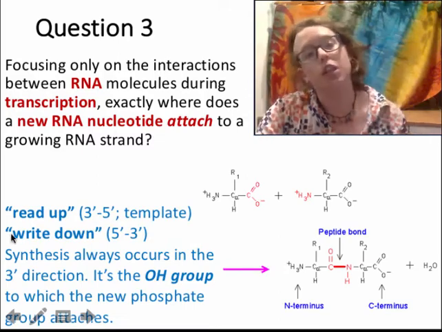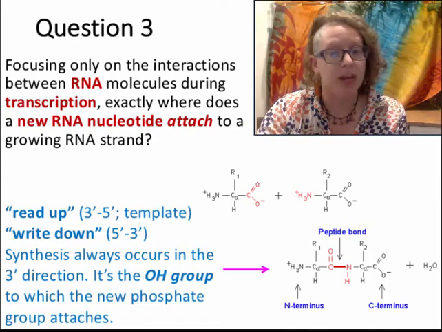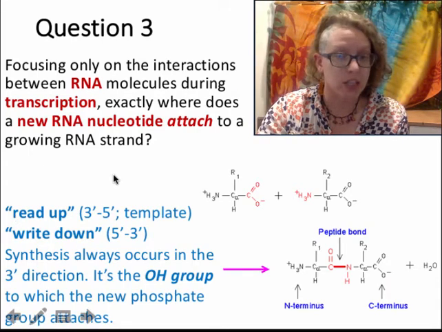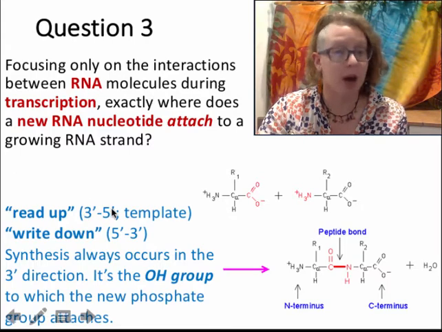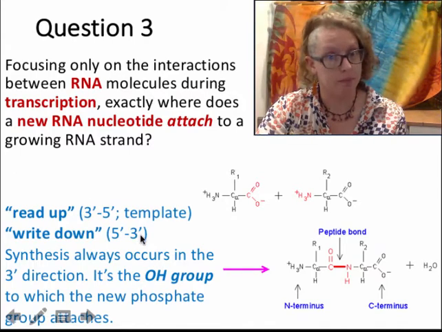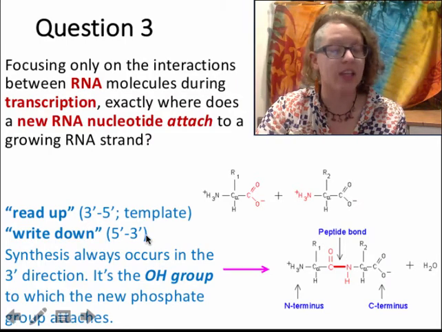So this is the mnemonic that I suggest for this. There's read up and write down. So the RNA polymerase reads from 3' to 5' and builds or writes from 5' to 3'. So when you're adding things, you add things to the 3' end.